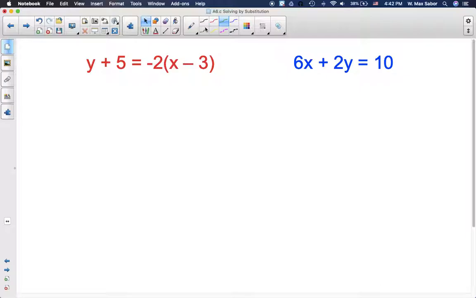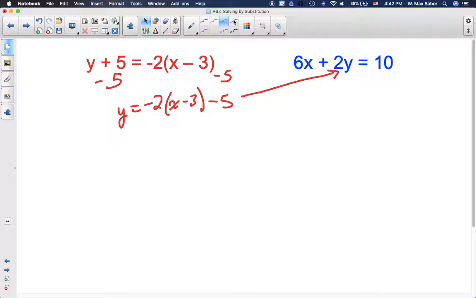Last one, we want to get y by itself first. So subtract 5 from both sides. Y equals negative 2x minus 3 minus 5. Now that can be substituted in for y.